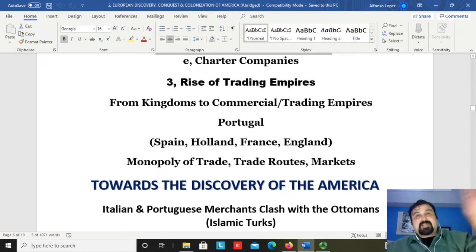In other words, we're going to send you over there to establish a colony, and the colony is going to export certain products that the king is going to use for trade. In other words, the colonies are going to pretty much generate the commodities, the products that the kings are trading.